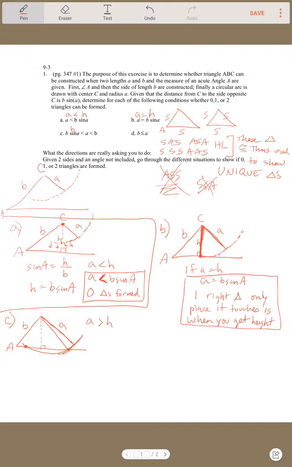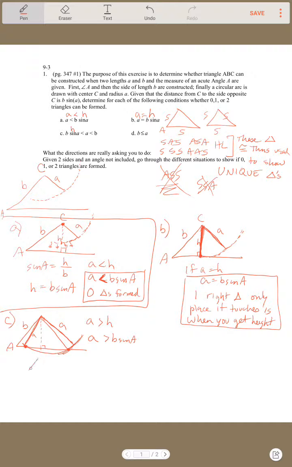And because it touches at this point, you can end up forming another triangle, because as A swings, remember it's like a door, this was also the side length of A. Which means you end up actually with two different triangles. When A is greater than B sine A, you might end up with two triangles.